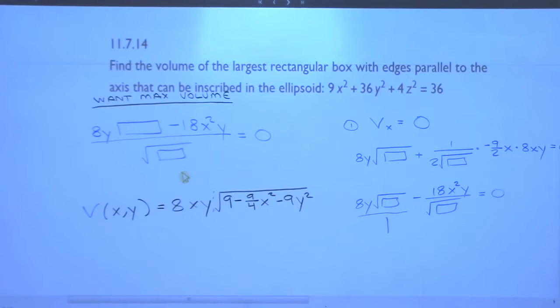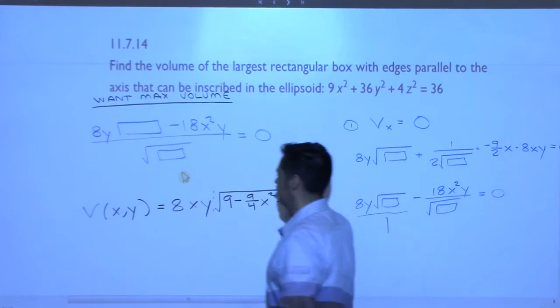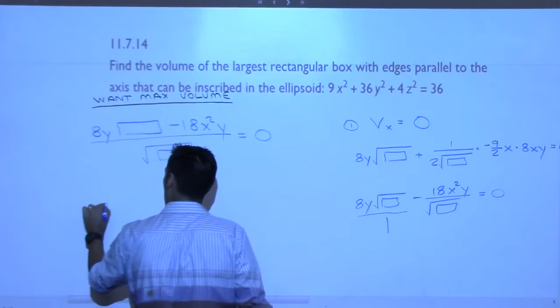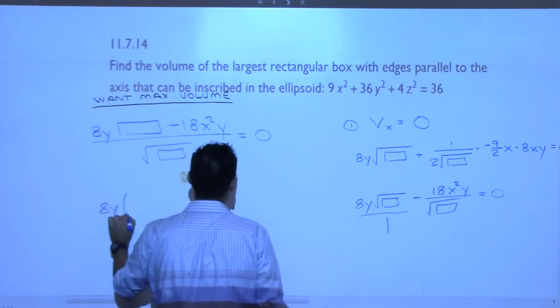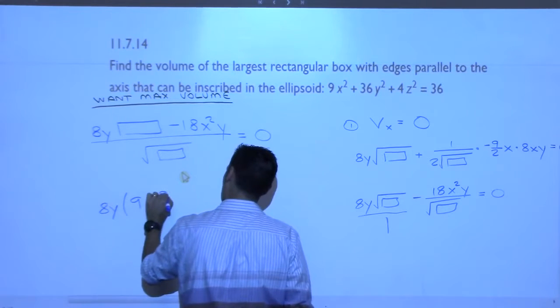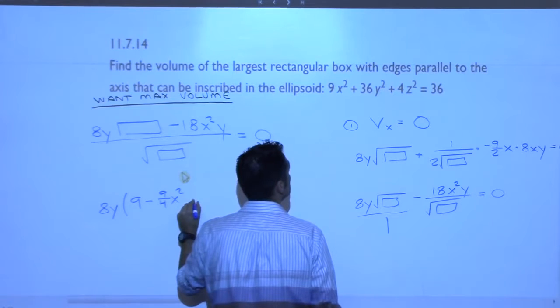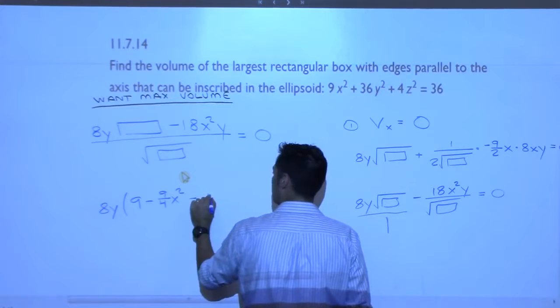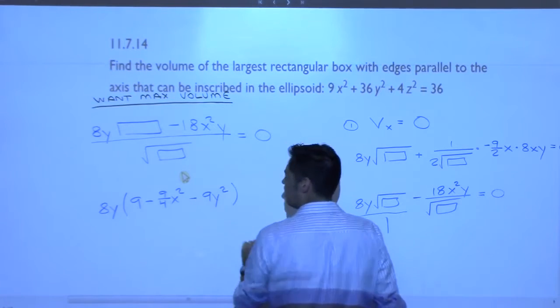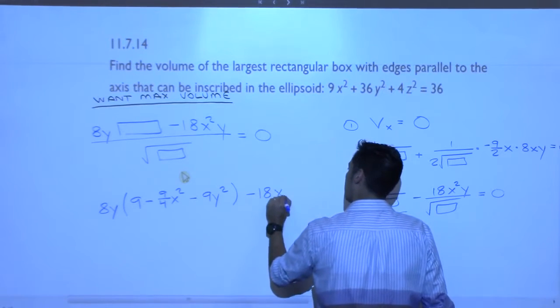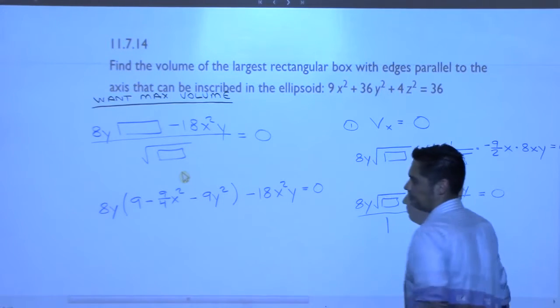And I think I can go fill the junk in now. All right, let me go fill that junk in. I have to erase. I'm not going to have enough time. 8y, the junk was 9 minus 9/4 x squared. I forgot. Minus 9y squared? That was the junk? Yep. Double check, yes. Minus 18x squared y equals 0.